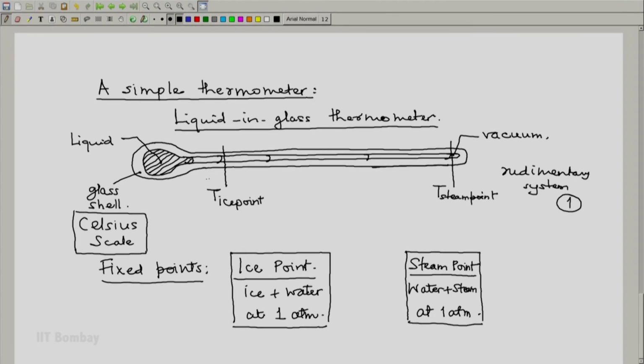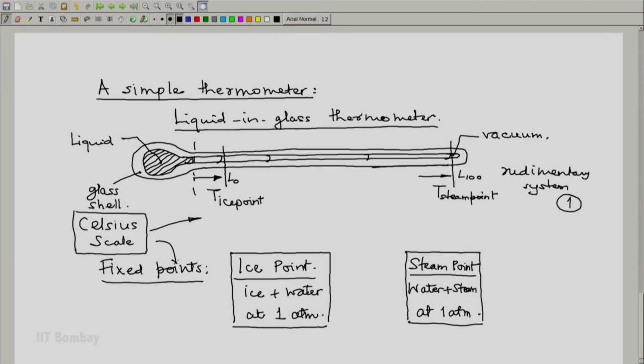What we have actually measured is the length of the thread at the ice point and the length of the thread at the steam point. Let us call these L0 and L100 from some reference location. Now again arbitrarily, but for the Celsius scale, we define the ice point.